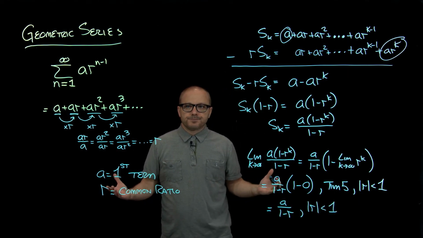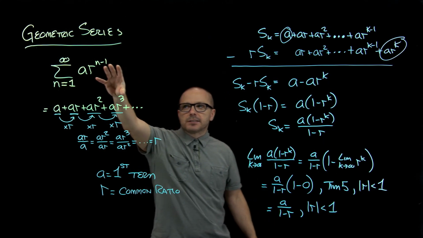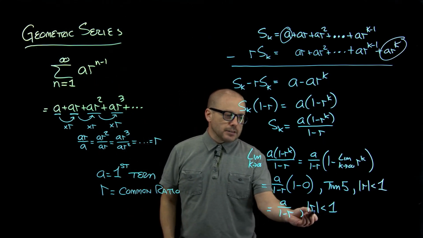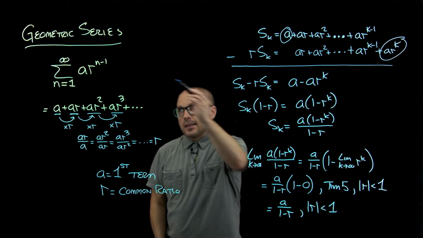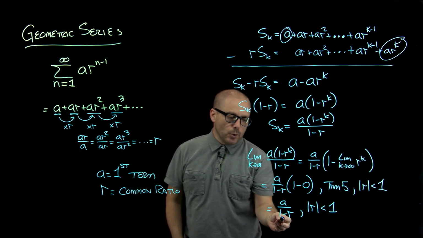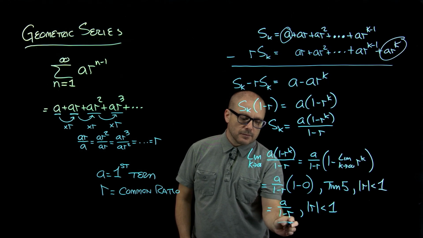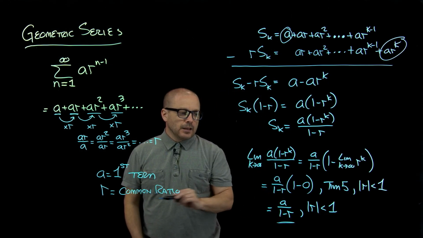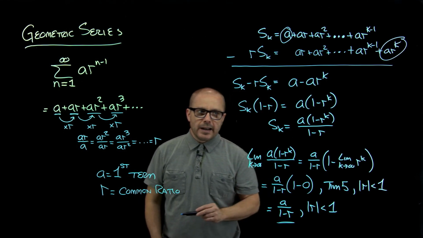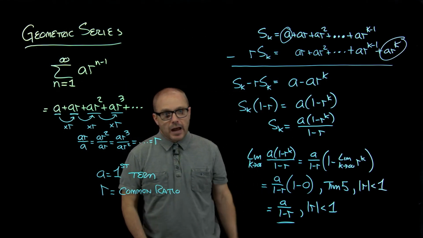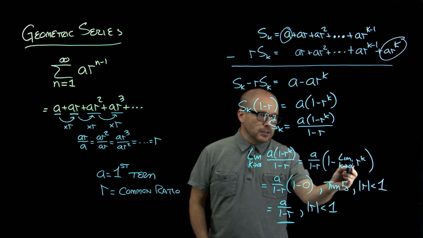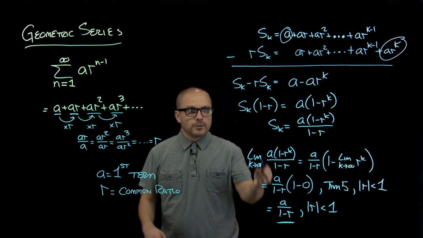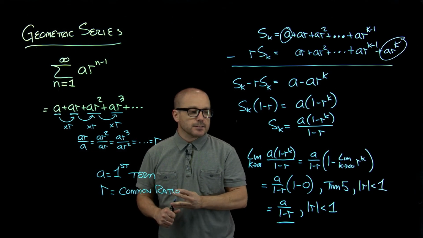So what do we know? Given any geometric series, all you have to do is look at the r. If the r is less than 1 in absolute value, that series converges, and more specifically, it converges to a over 1 minus r. If r is not less than 1 in absolute value, this series diverges, because this little term here, this limit doesn't exist, and so the limit of the partial sums does not exist.